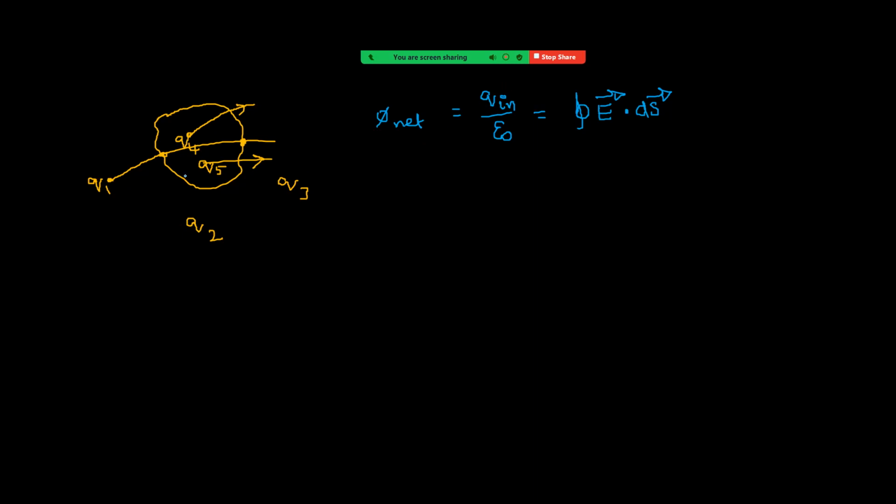The reason is due to outer charges, there is no net flux through a closed surface. So the important thing is E bar is due to all charges, but flux is only due to inner charges. This helps us calculate E bar in a simpler way whenever the distribution of charge is uniform, or symmetric.